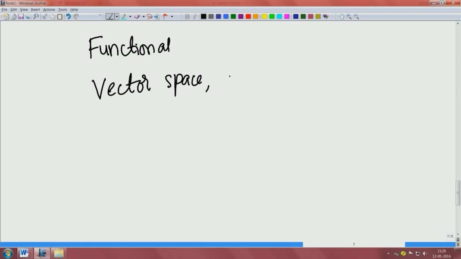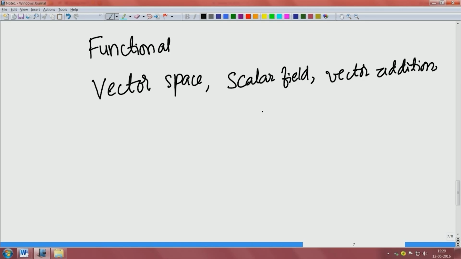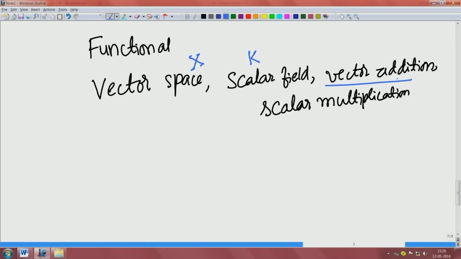A vector space will have a scalar field associated with it, and it needs vector addition, meaning two elements of the space can be added following some rules, and also scalar multiplication. Something that belongs to the scalar field, which we called K, multiplies something that belongs to the vector space, which I can just call capital X. I should be able to add two elements of X, that is vector addition, and I will multiply a number belonging to K with x.